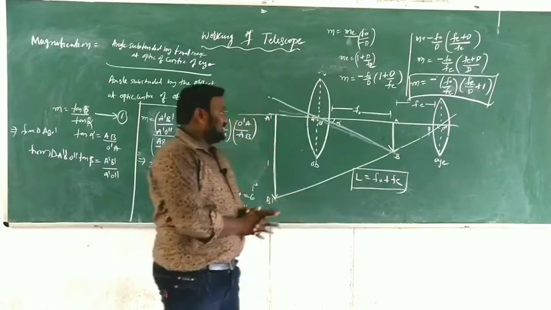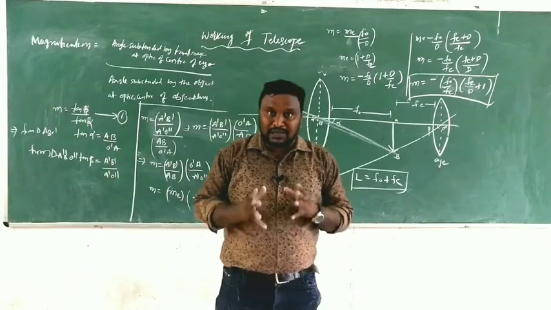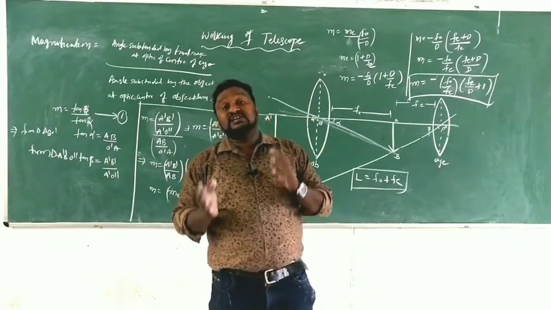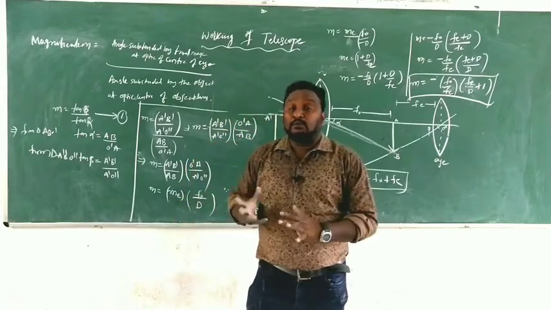And after that we want to define the magnifying power or magnification of a telescope. For that purpose the definition is quite different compared to the simple microscope and compound microscope.